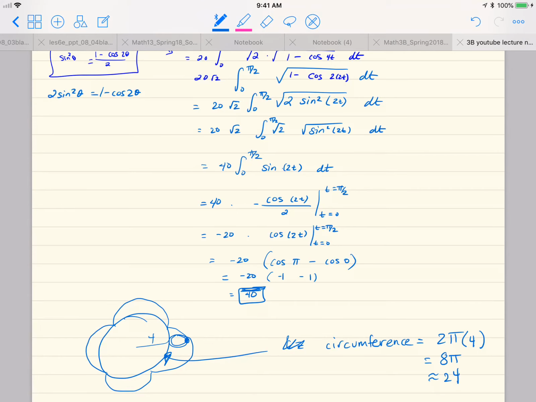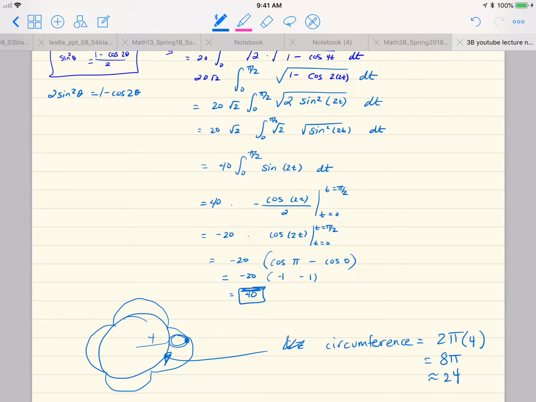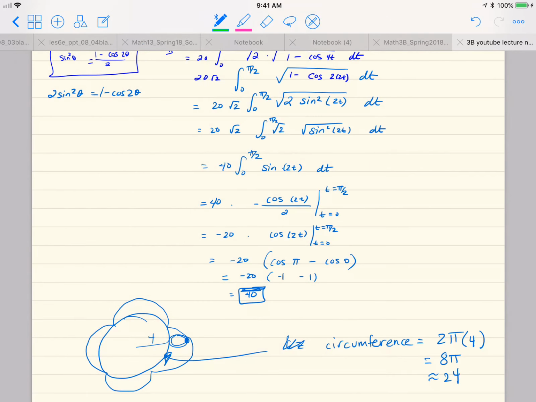Now, if we take into account that we have, imagine now we've got a bigger circle. Sorry, so we've got this 4 plus this 2.